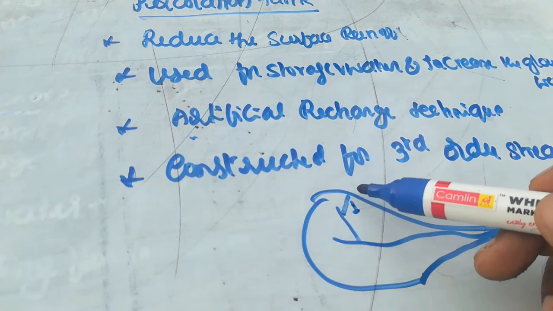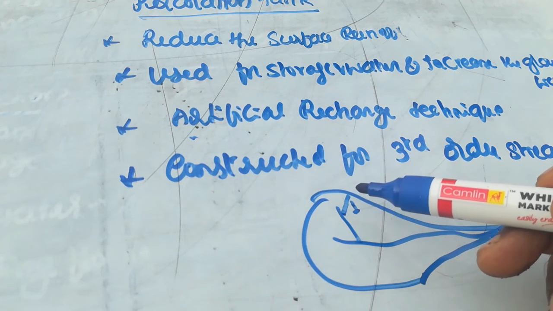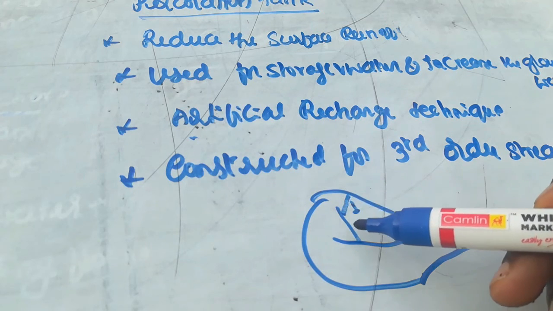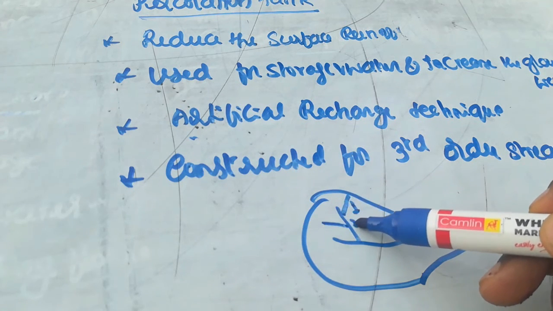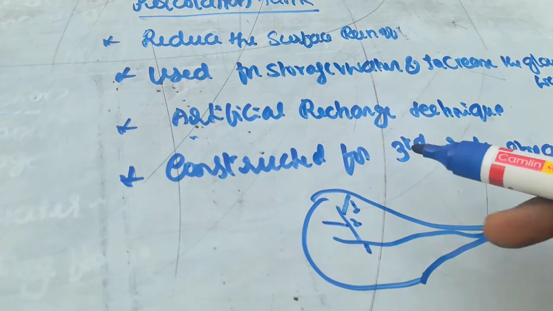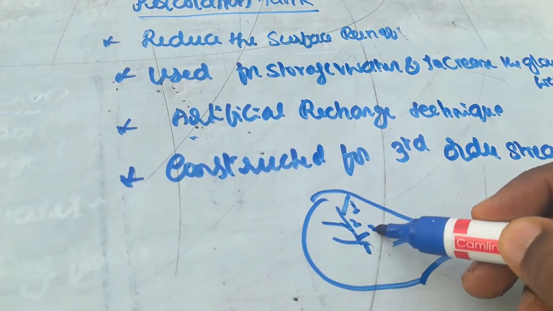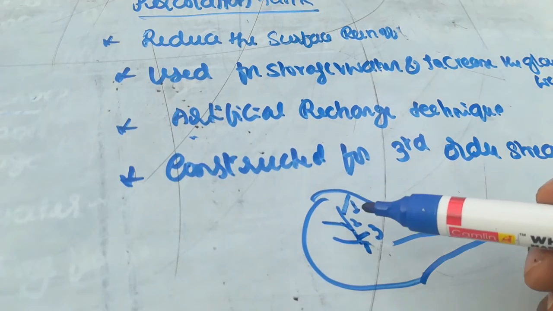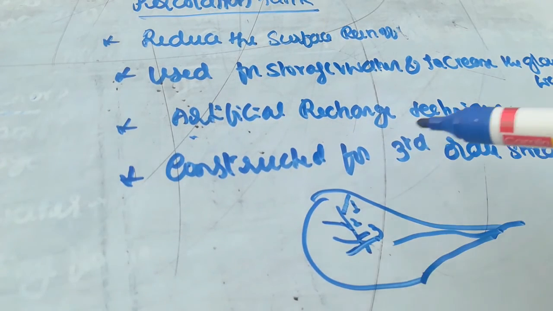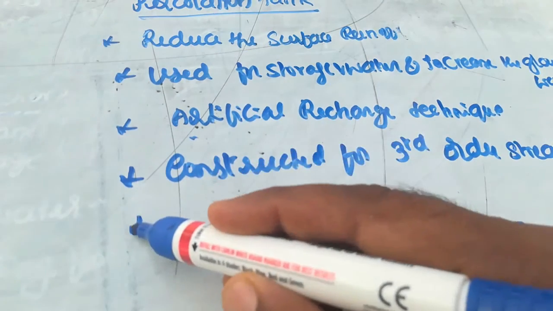When it starts, the streams are tributaries. The first stream is called a first order stream, and this is a second order stream. When the two connect here, it becomes the third order stream. So if we construct a percolation tank here, we can say it is constructed in third order streams.